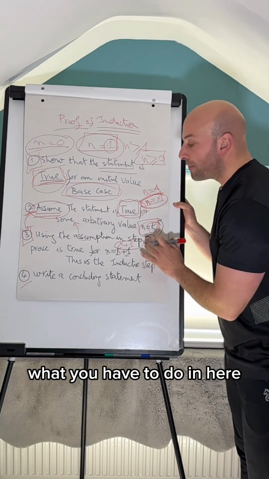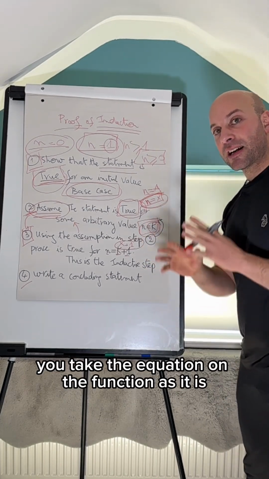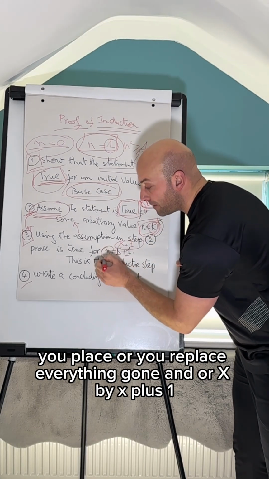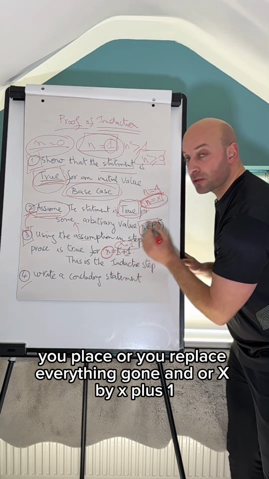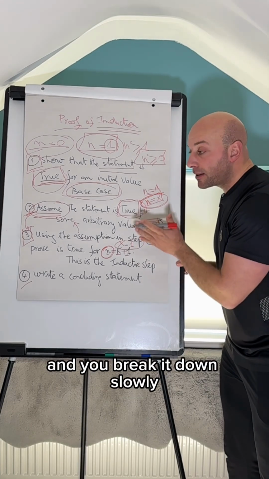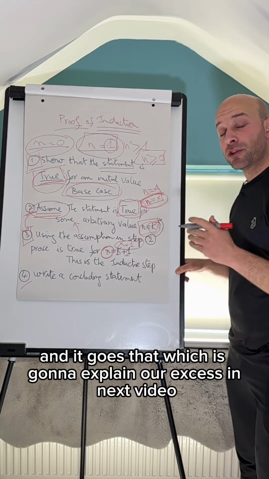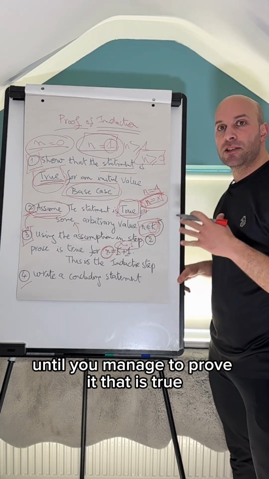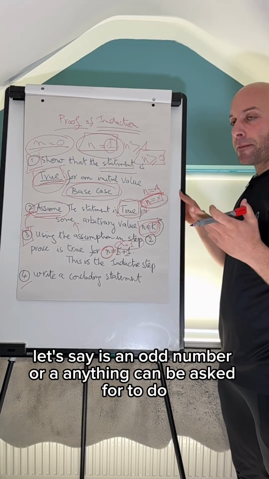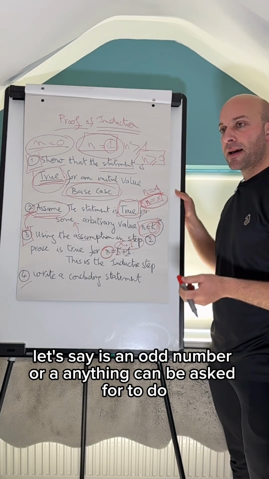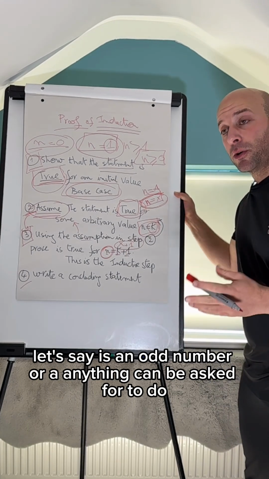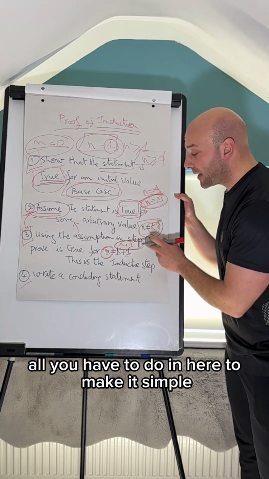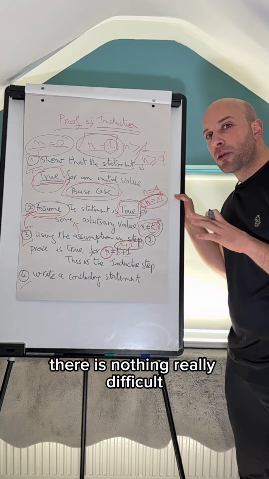What you have to do here is take the equation or function as it is and replace every single n or x by x plus 1. That's all you have to do, and you break it down slowly, and go slowly, which I'm going to explain with an exercise in the next video, until you manage to prove that it is true. Let's say it's an odd number, or anything you've been asked to prove, you just have to prove it for this equation here. To be honest with you, there is nothing really difficult.